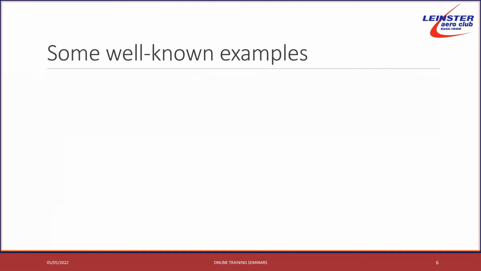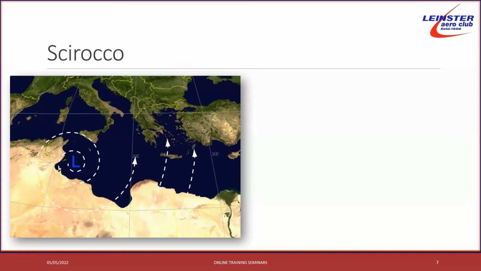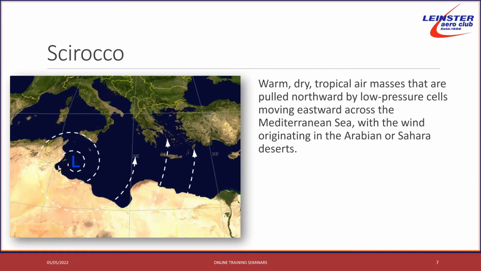Talking about some well-known examples, this is one that's quite common in northern Africa and the Mediterranean. You might have even read in the papers or seen in the news not so long ago about very red dust affecting southern Europe. I didn't get a chance to look specifically at the cause of that, but I would suspect it was something like we're looking at here, the Sirocco wind.